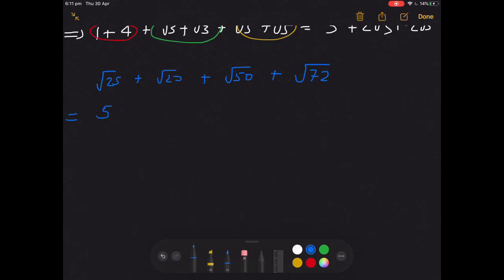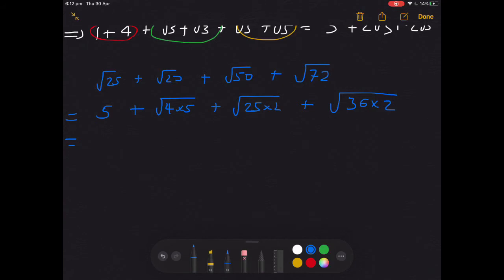Root 25 is 5. Root 20 will go like this, 4 times 5. Root 50, we can go 25 times 2. And 72, what are we going to say? 9 times 8? Maybe. But I have in my notes in front of me 36 times 2, which will get it a bit quicker.